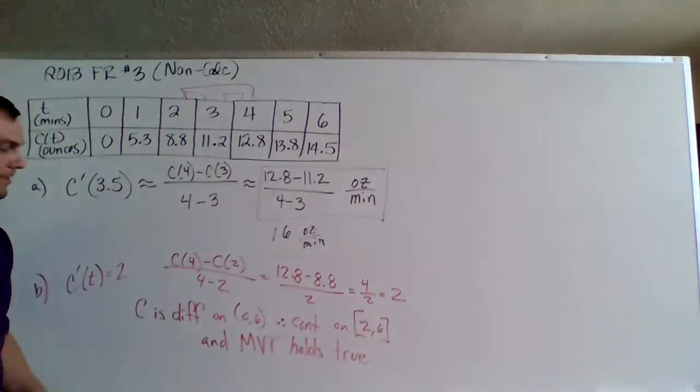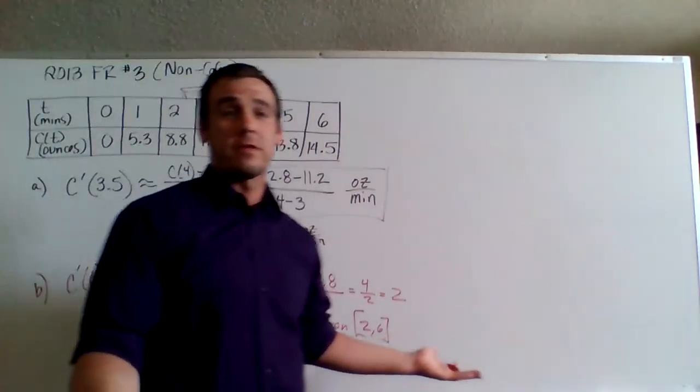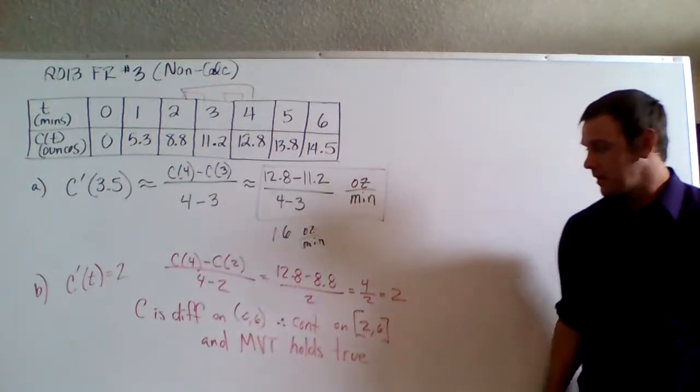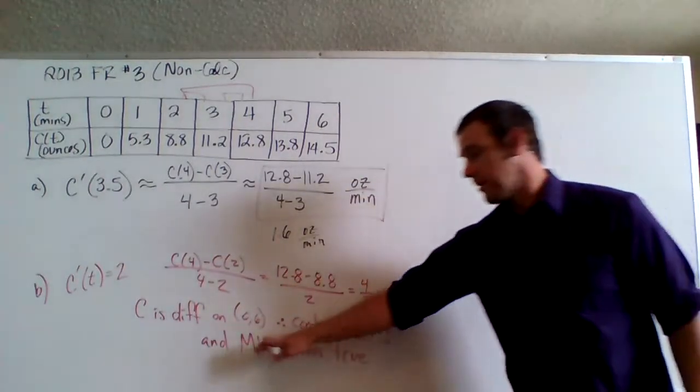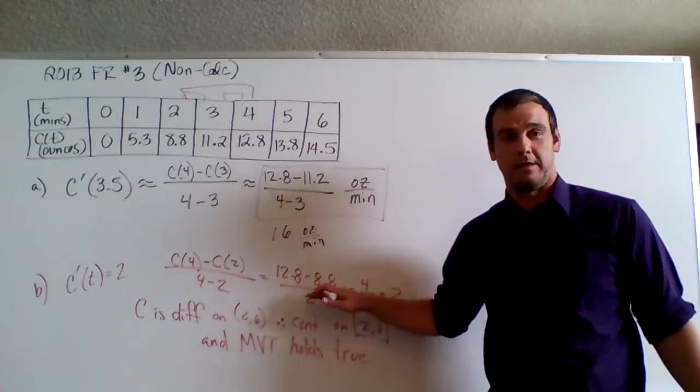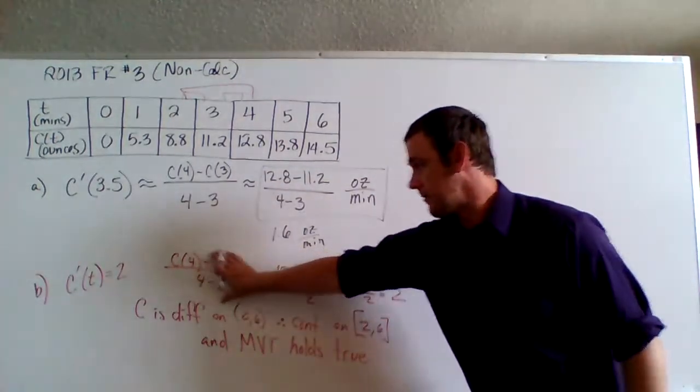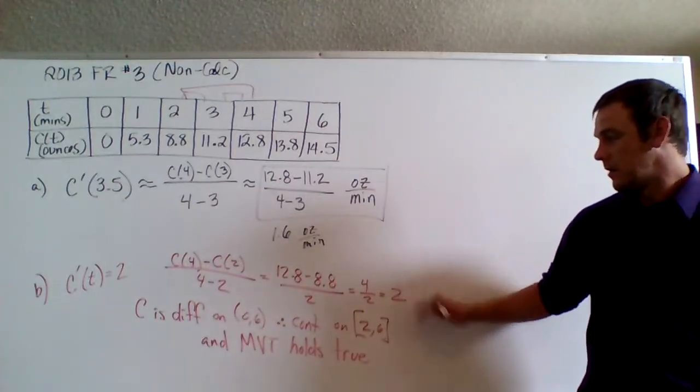Okay, so basically you have to say it's differentiable, therefore continuous, because MVT needs both of those to work. And then you just need to talk about how MVT is going to work because it's differentiable and continuous. Okay, you already did all of your algebra work here.